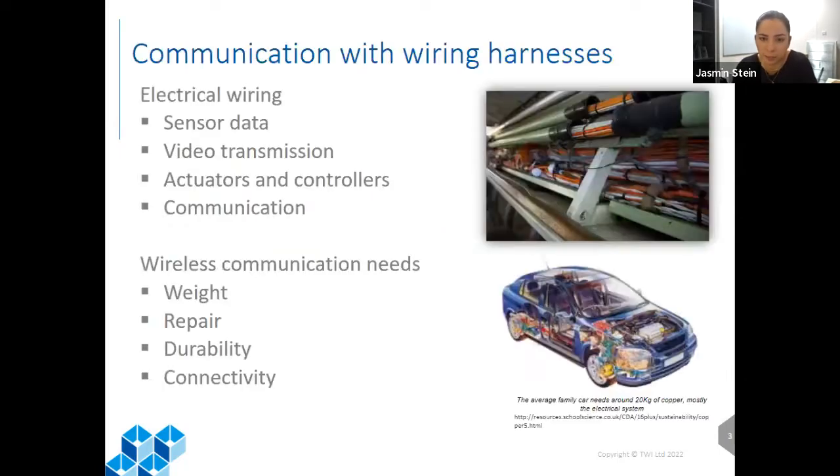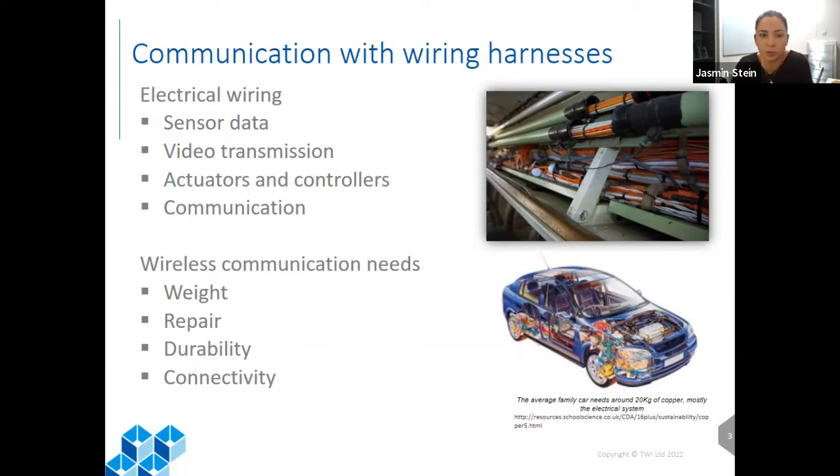When it comes to cars, and even in the aircraft sector, nowadays it is becoming more and more complex and sophisticated to make it a more enjoyable experience for the travelers. But this means the internal systems are getting more complex, and that means you also have more and more cables in the system.